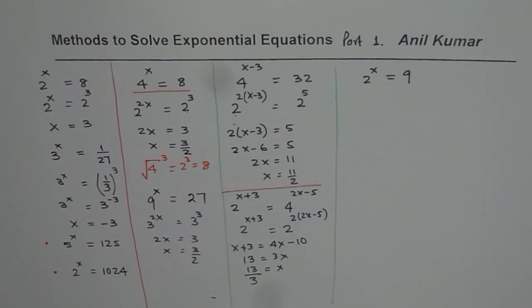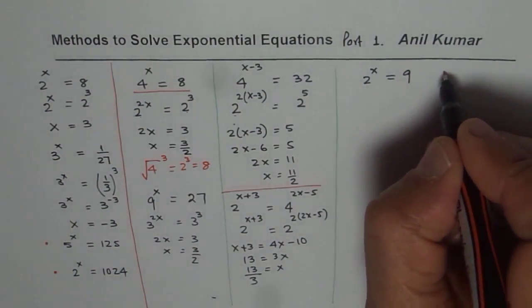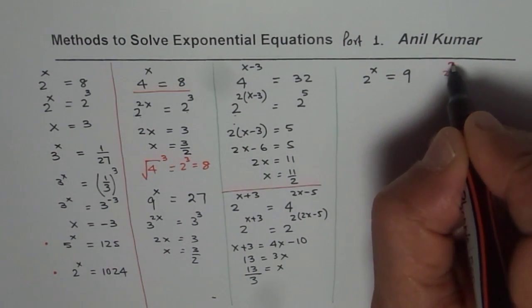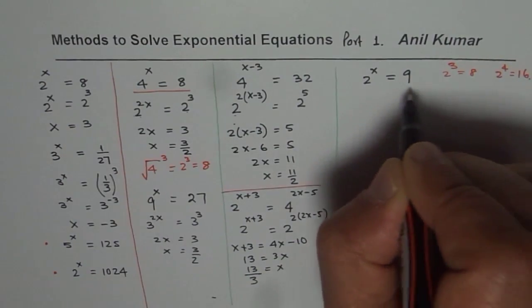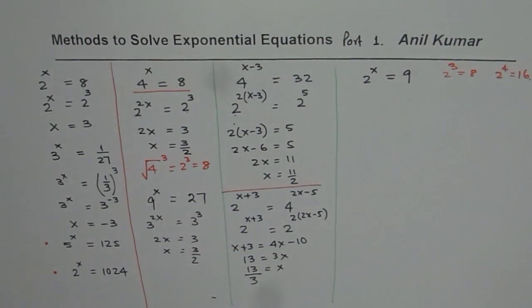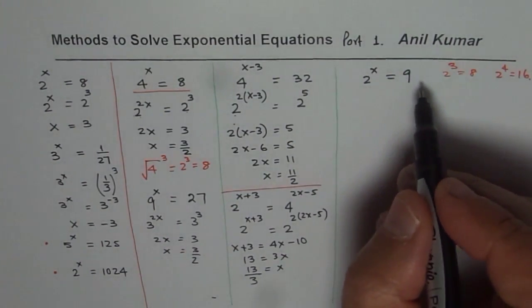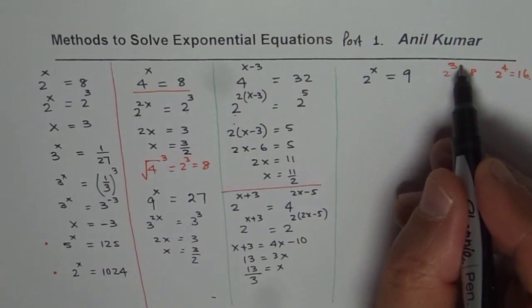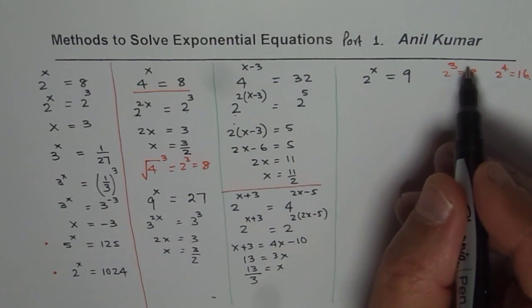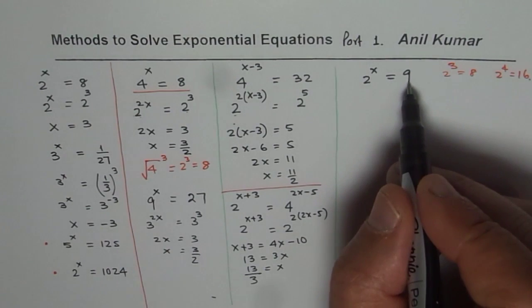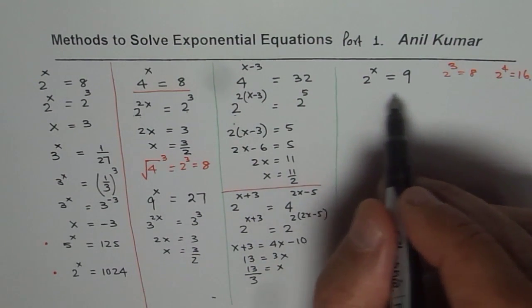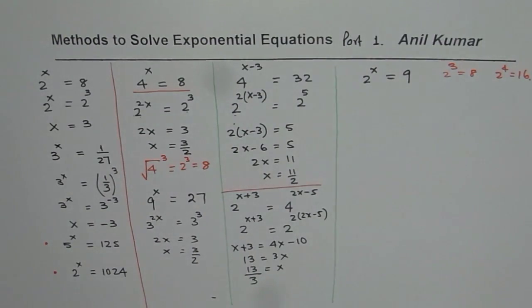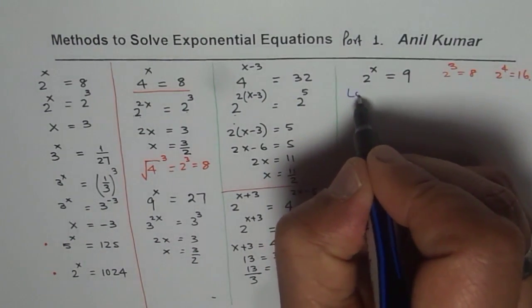Well, what I know is that 2 to the power of 3 is 8 and 2 to the power of 4 is 16. So 9 is somewhere in between. So one method is I could estimate 2 to the power of 3.1, 3.2, 3.3 likewise and get a value which will give me 9. The other way is using logarithms. So I'll introduce you to the technique of using logarithms.